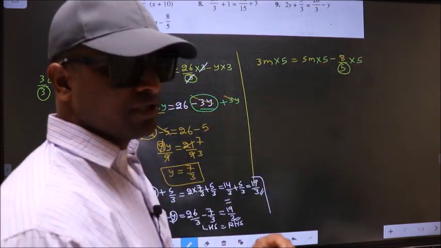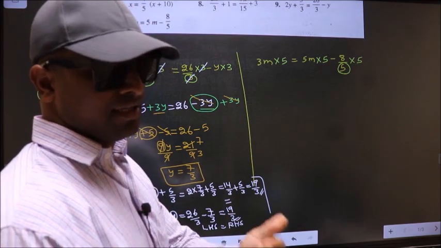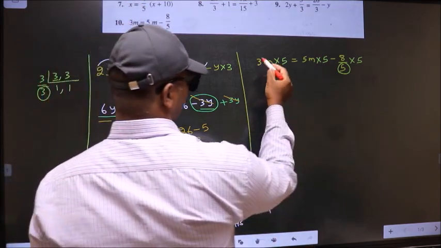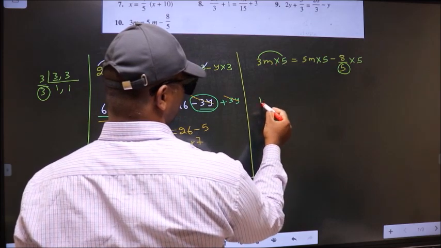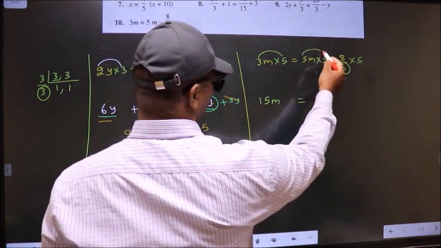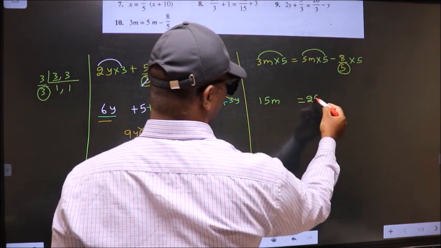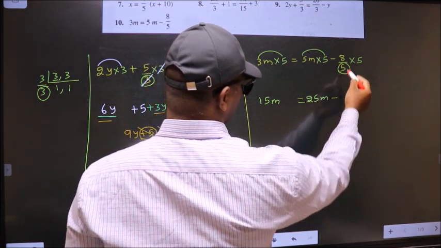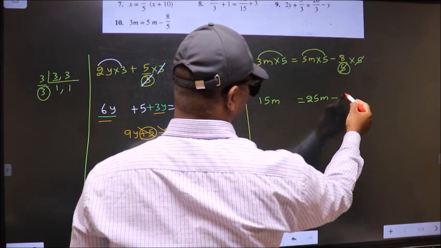Multiplying with 5 is your step 1. Next, 3 into 5, 15m equal to 5 into 5, 25m minus 5 cancel out, we get 8.